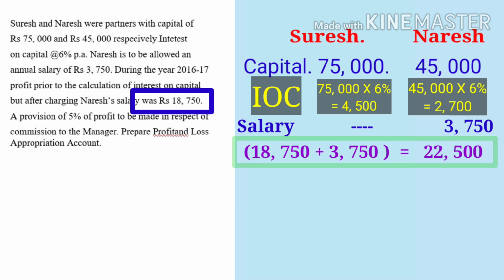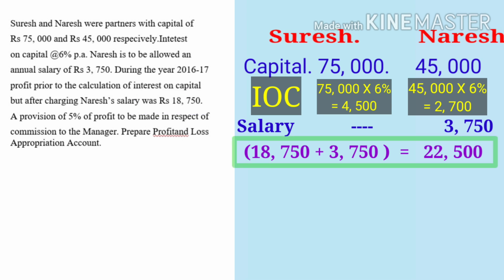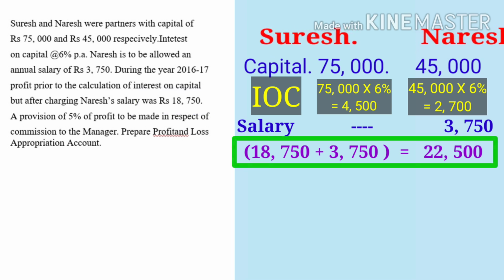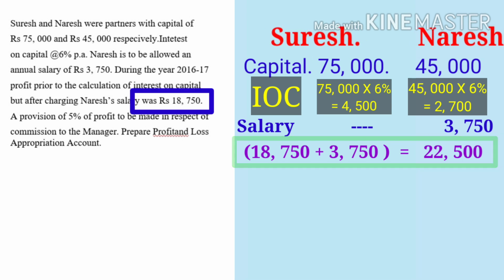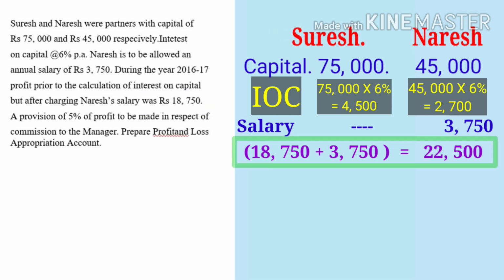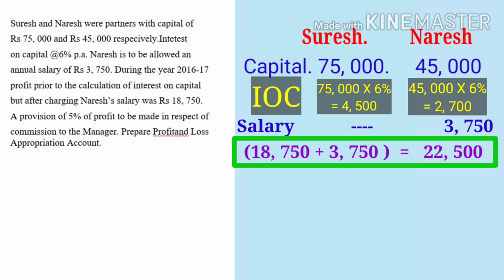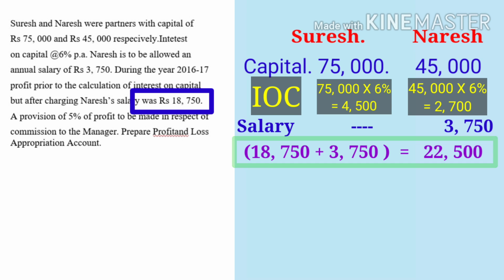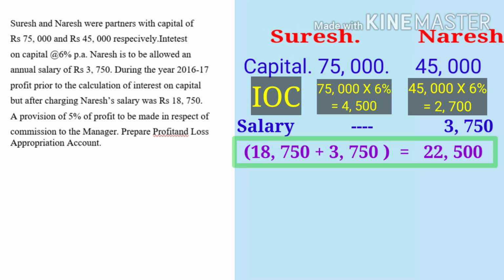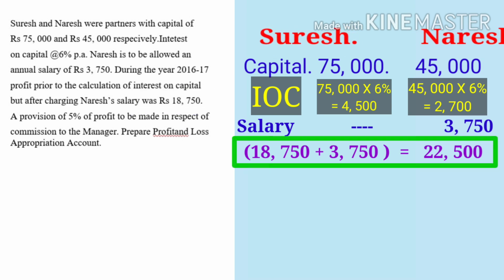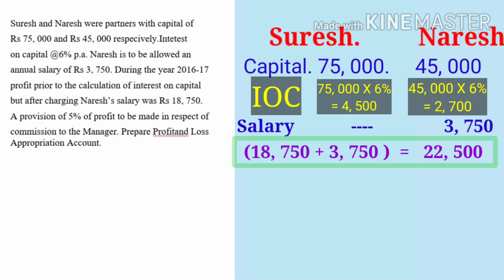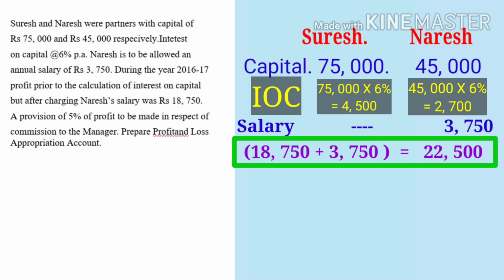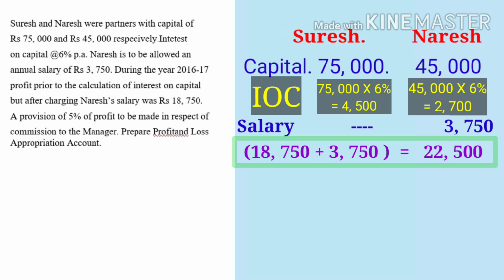The total profit is rupees 22,500. So profit we should ascertain before charging any type of expenses to the partner. If in case they have already charged, then we should add those expenses back to the profit. This is the main difference in this problem.